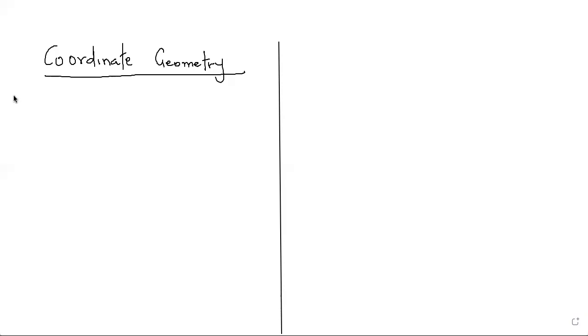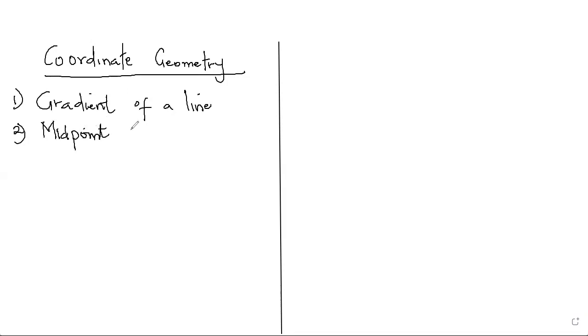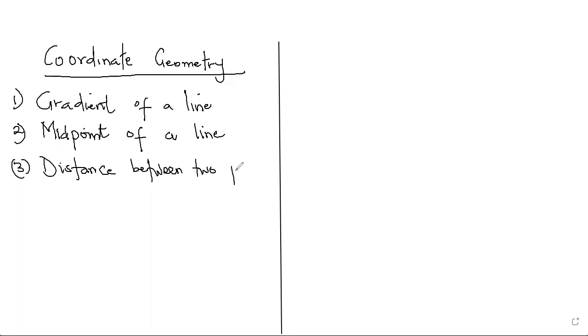First, we look at the gradient of a line. Then we look at the midpoint of a line, the coordinate of the midpoint of a line. Then we look at the distance between 2 points.